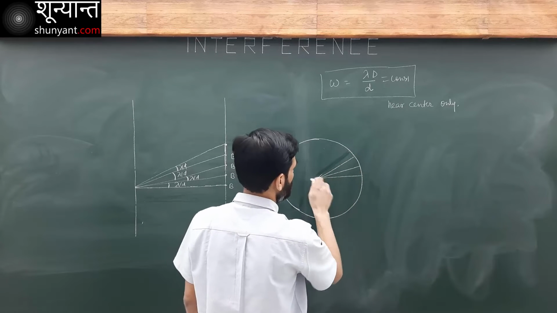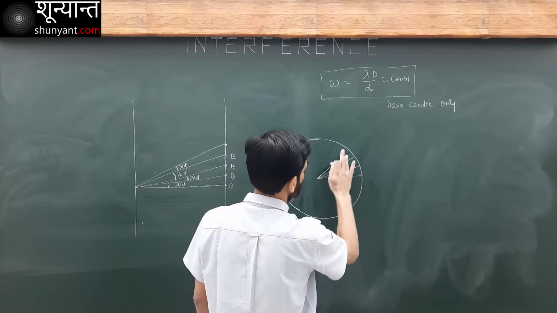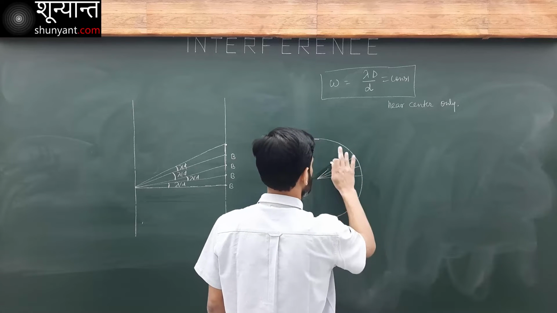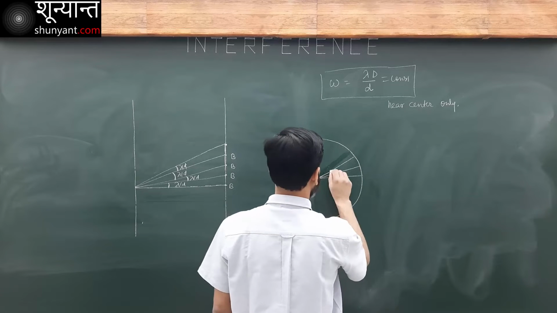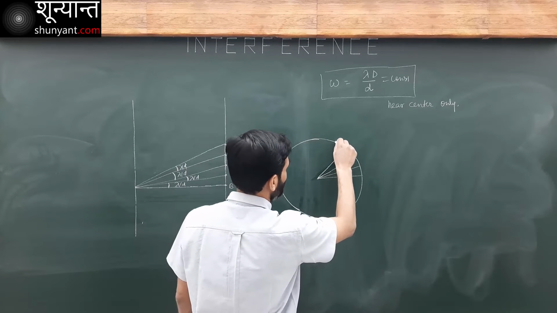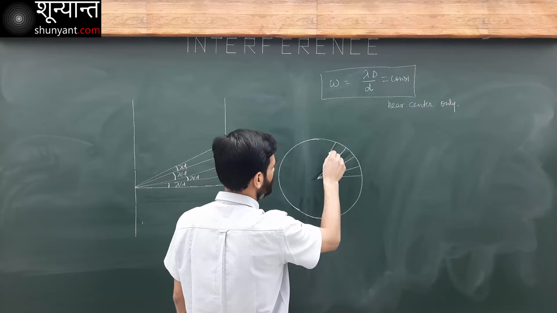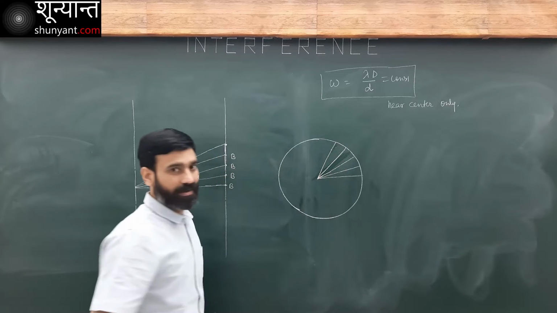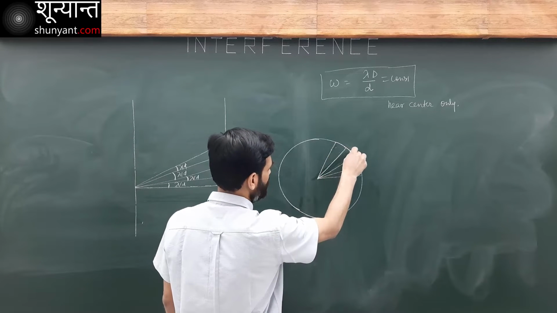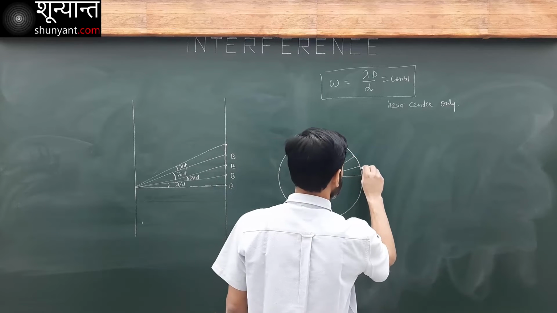All the angles are equal, say 1 degree, 2 degree, whatever, they are equal. If the angles are the same, then these lengths are the same. But what if I am moving along this line here?